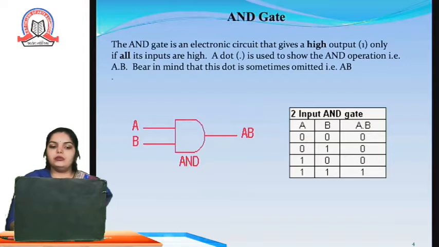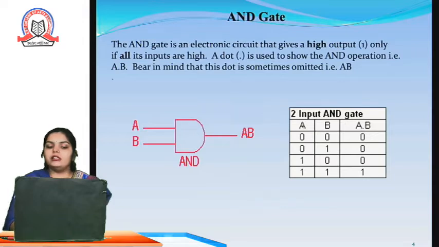As you can see, here is the symbol of the AND gate. This is how we represent the AND gate. It has two inputs A and B, and after performing the AND operation, you will get A into B. Here we can design a truth table for the AND operation.